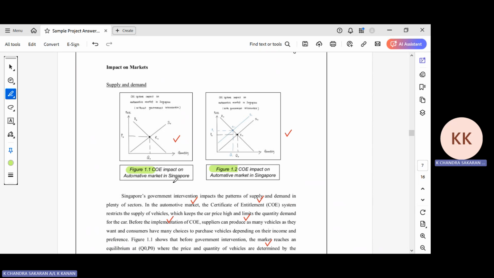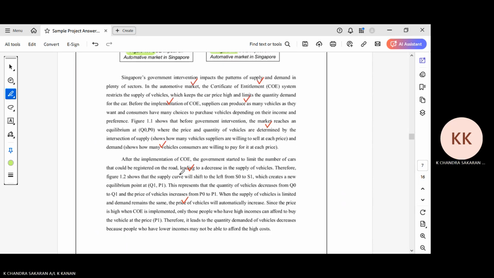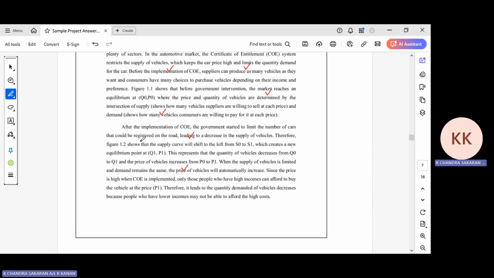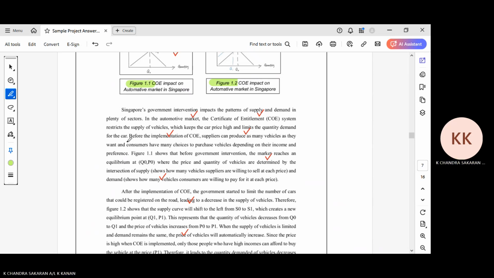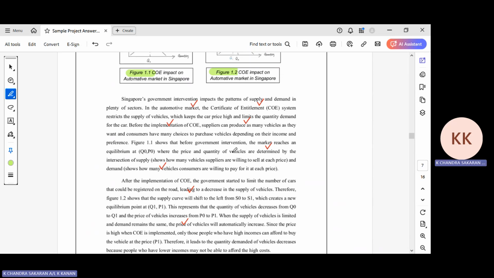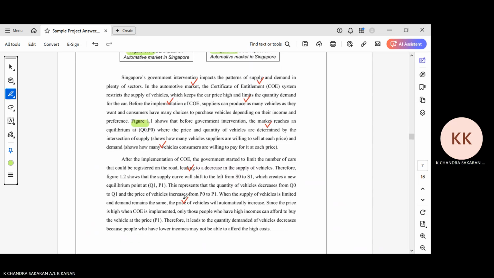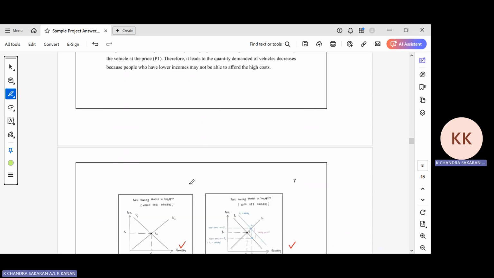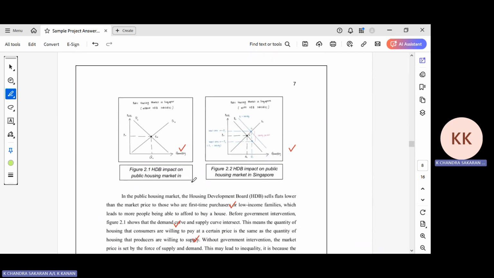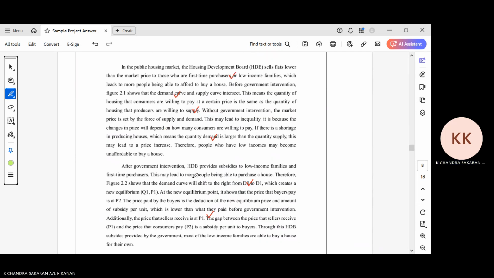Some students, the way they draw is very terrible, horrible. So your diagram must be very clear, very neat. If you want marks, then you must explain your diagram. You understand or not? You must explain your diagram. What is this diagram? Try to explain. So that is called models. Models are used to explain.